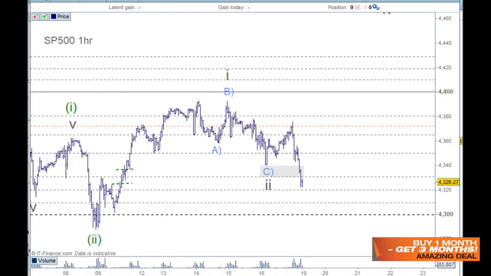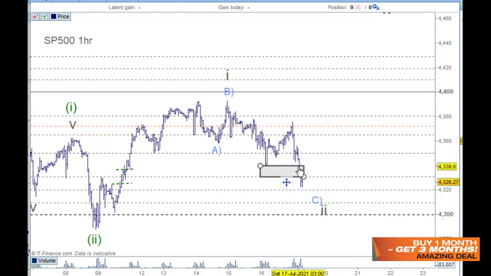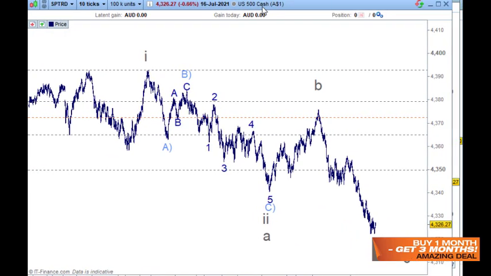Is it possible that we could put wave C of 2 over here, and this move here as a C wave coming down as 1, 2, 3, 4 and 5 to finish this off? Possibly, but it throws this count out, so it's not likely to be the case.